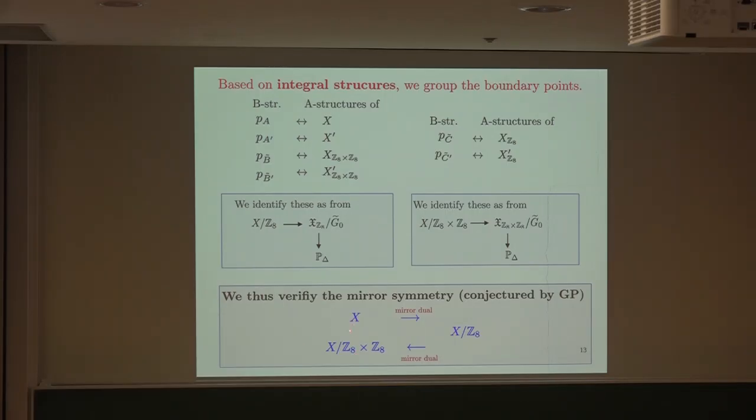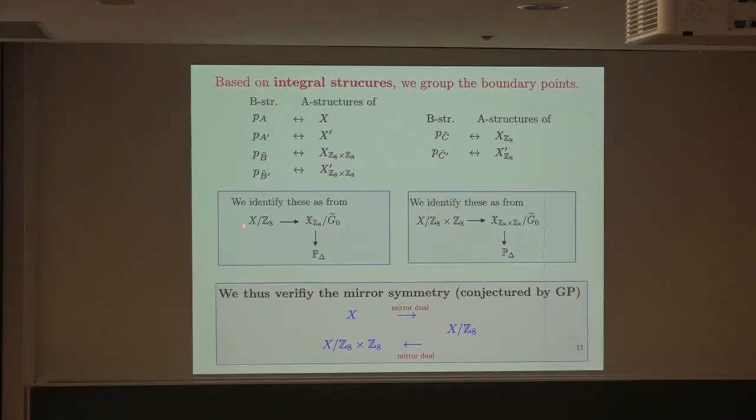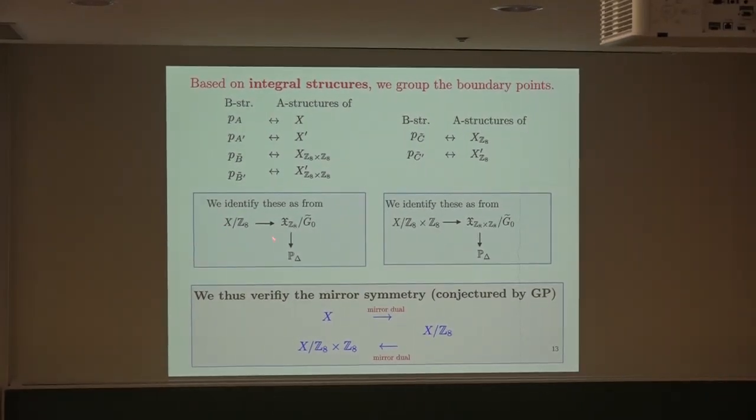Atsushi asked about the Gross and Popescu conjecture of this kind of relation. And look at this structure. Suppose we have a family of Calabi-Yau, where the fiber is this one. And then I claim that for this family, the 4 or 2 boundary points have the same integral structure.